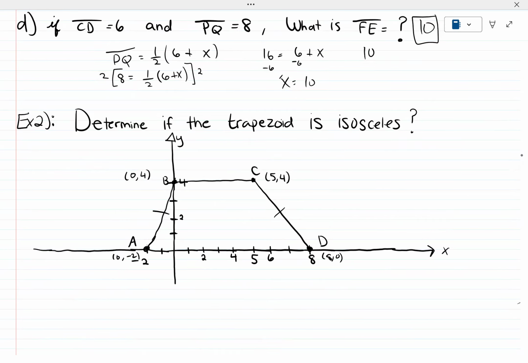So there's actually two things. The diagonals must be congruent in order for the trapezoid to be isosceles, and they must have the same slope, so that means they must be parallel. Let me write this.